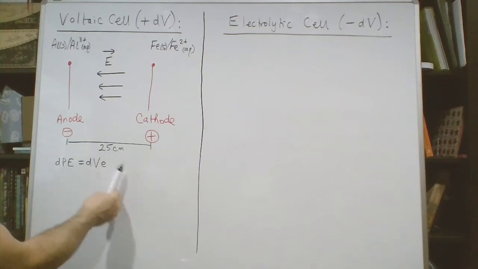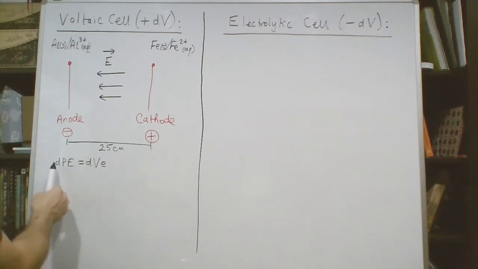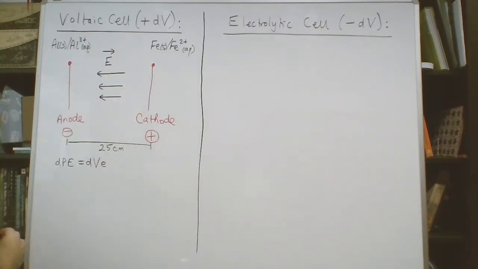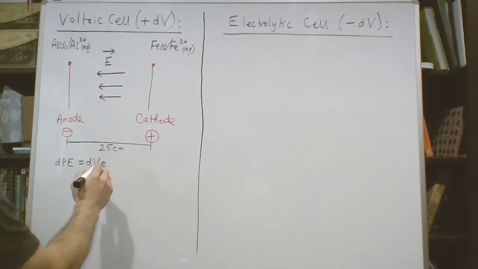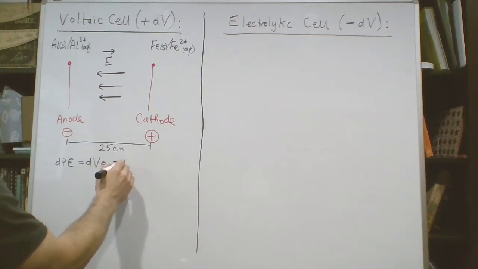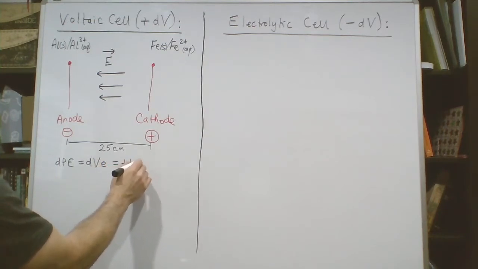So therefore, multiplying both sides by the unit charge, the change in potential energy is the change in voltage multiplied by the unit charge. And if we take these materials as the electrodes, we know that the change in voltage is positive, and it's actually plus 1.22 volts.